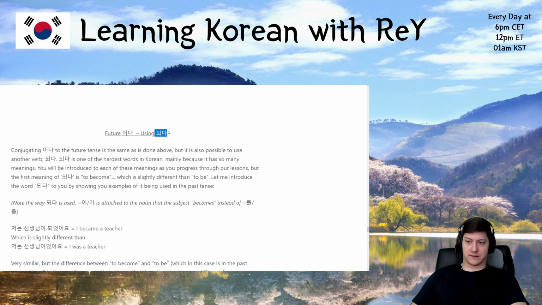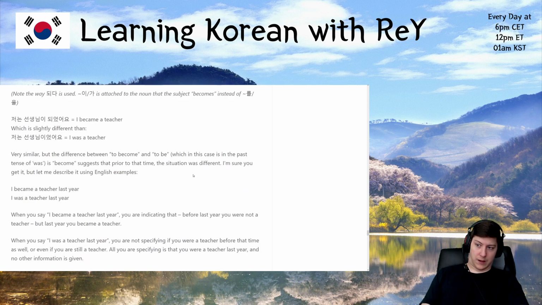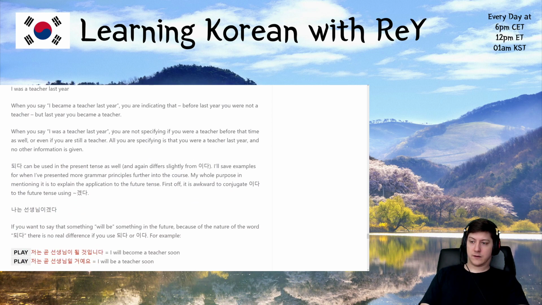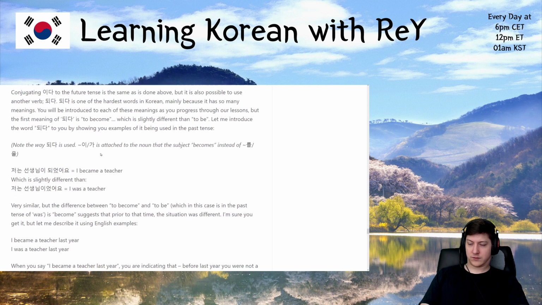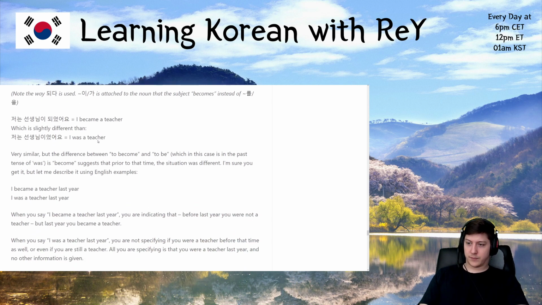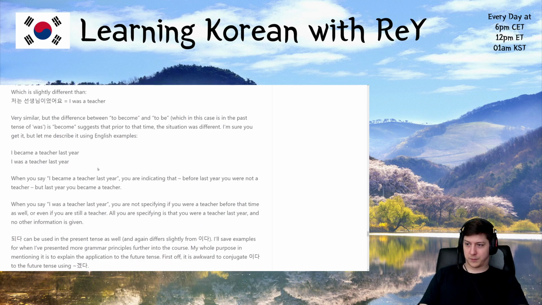And then there's this to become, so doida, that you can use to express that something will happen, or that you sometimes use. I'm not exactly sure, but there was also some talk about the past.